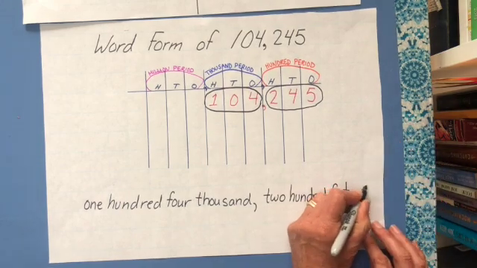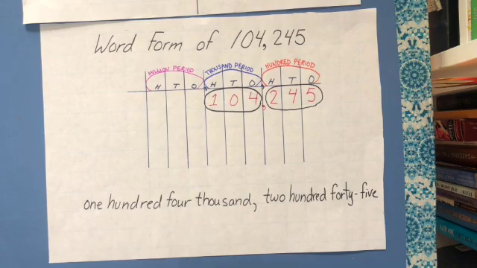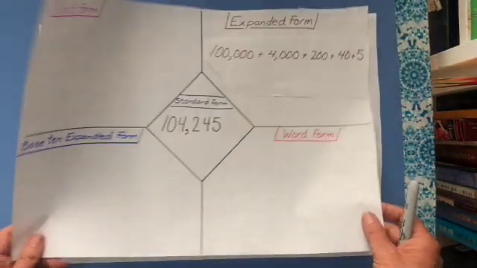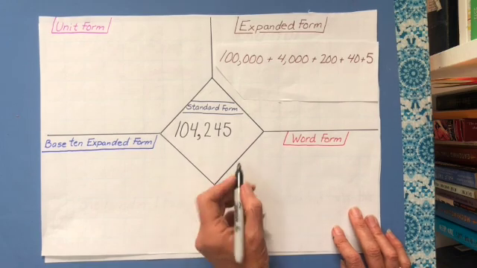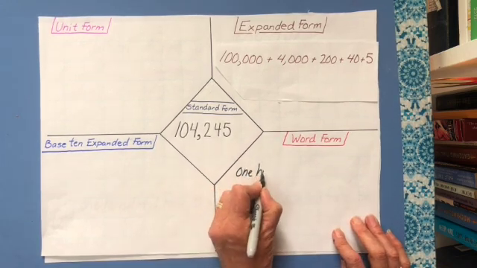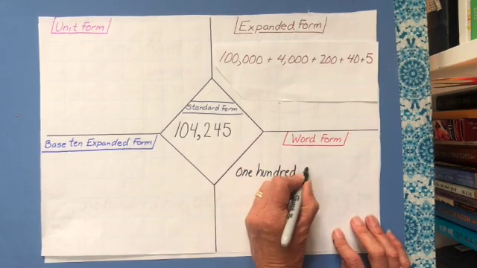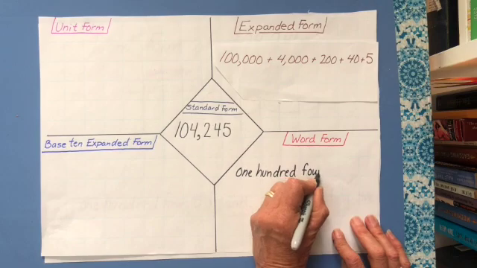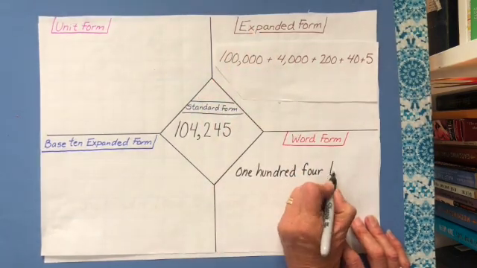Almost run out of paper, but I got it. Okay. So if I went back to my Frayer model, I would know to write this number in word form, I would just write 104, because that would be the first 3 digits, and I know that's in the thousands period.